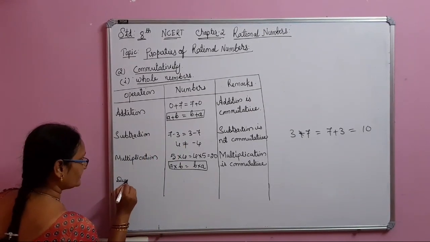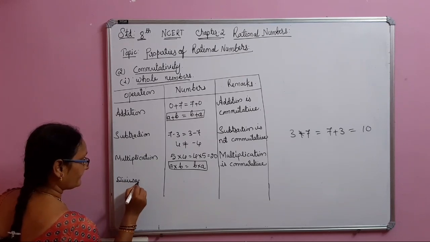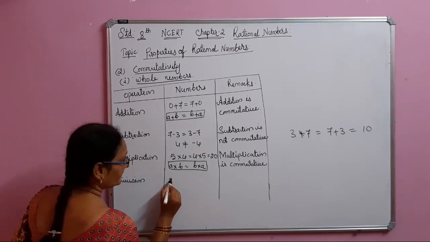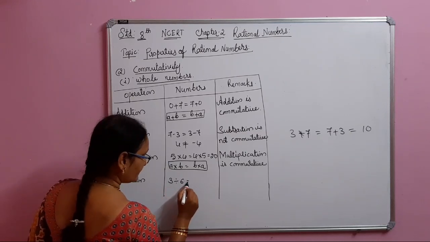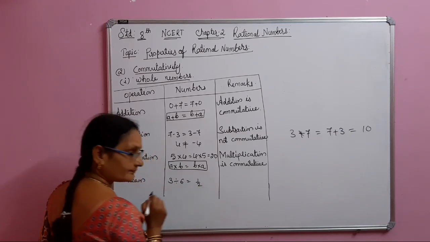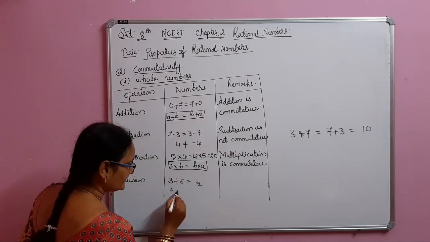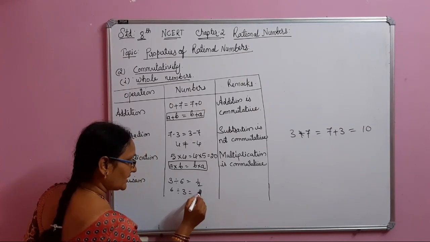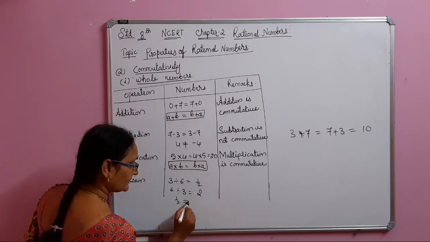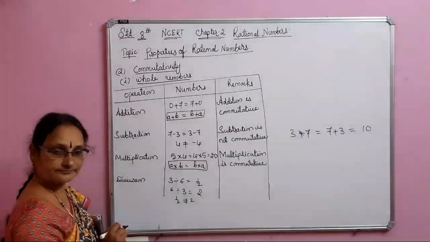In the same way, the next operation is division. See here, division. Now, 3 divided by 6 is 1 by 2. 6 divided by 3 is 2. Both are not equal. Half is never equal to 2.